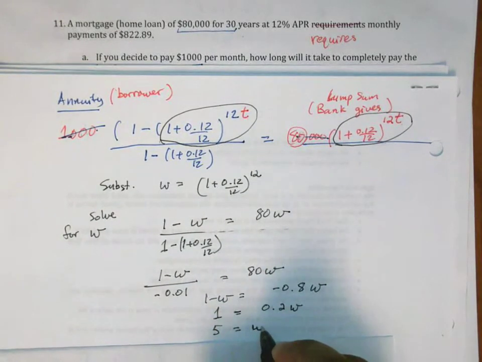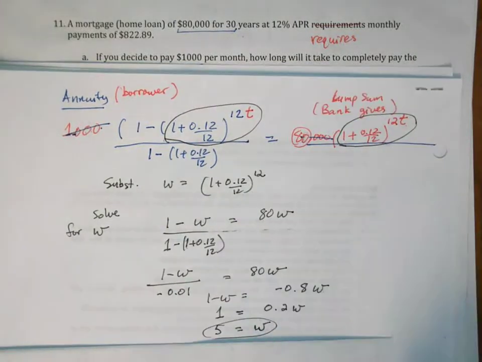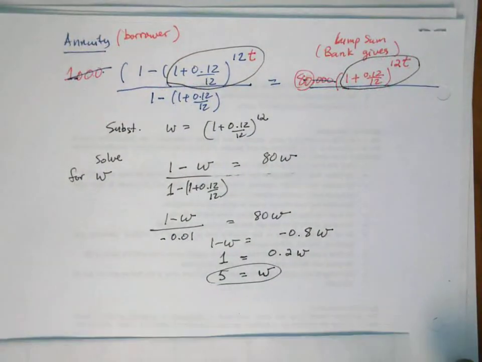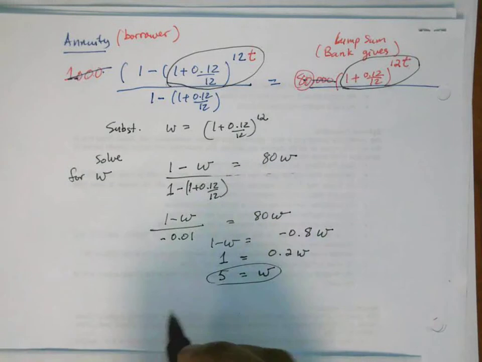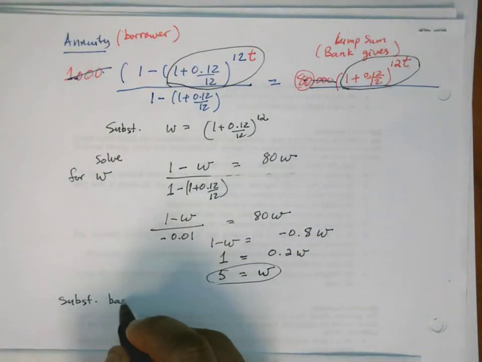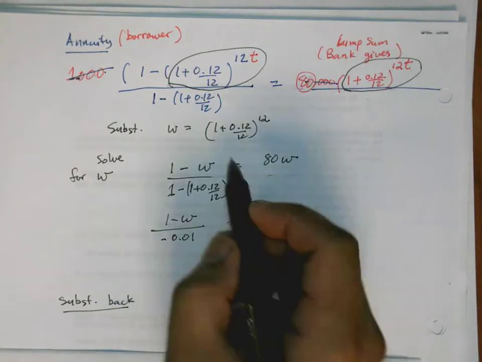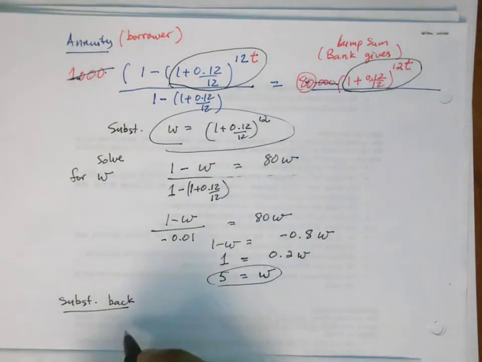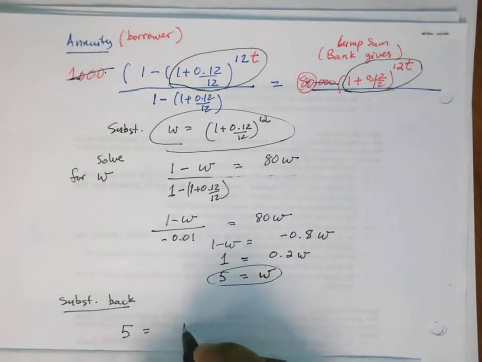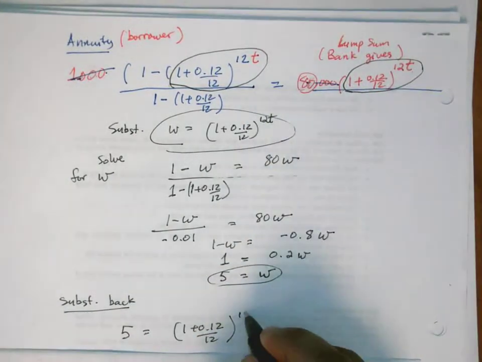So we're not quite done with this problem even yet. Now we have to substitute back. So we say that W equals 5. Remember this statement here? So 5 is equal to 1 plus 0.12 over 12 to the 12t. And then solve for t.